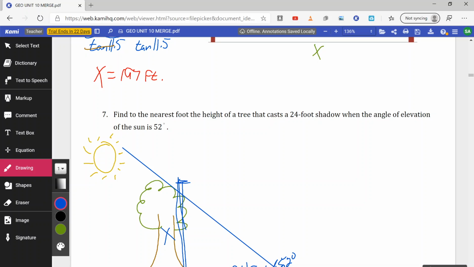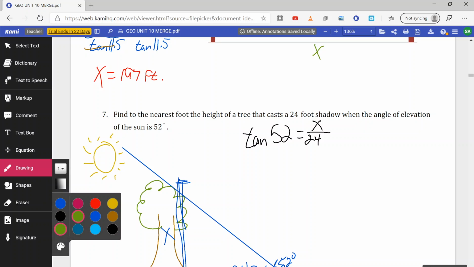So all we have to do is use what we know to figure out our unknown. So here is our angle. Side x is across from it, so there's our opposite. 24 feet is our adjacent. So we can use tangent of our angle, 52 degrees, equals our opposite side, x, over the adjacent side, 24.